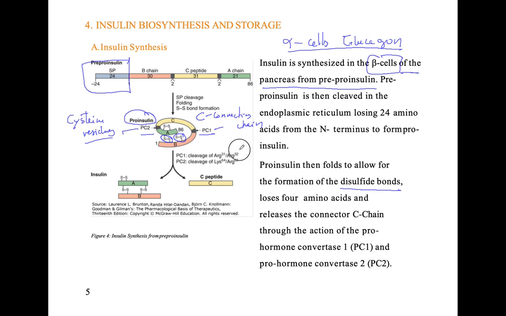Now, prohormone convertase 1 is specifically going to cleave at the arginine-arginine position, and prohormone convertase 2 is going to cleave at the lysine-arginine position here.